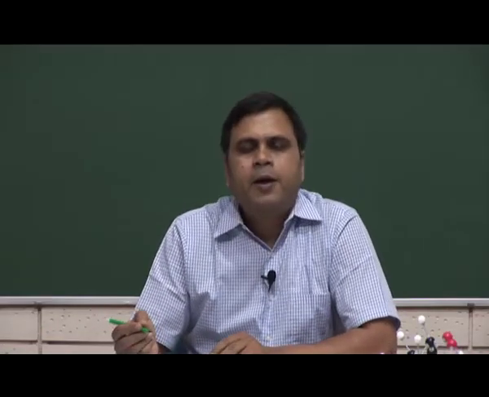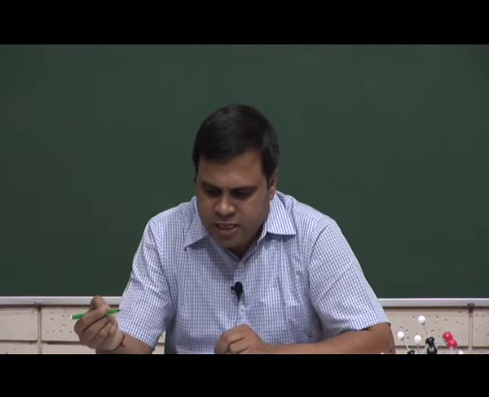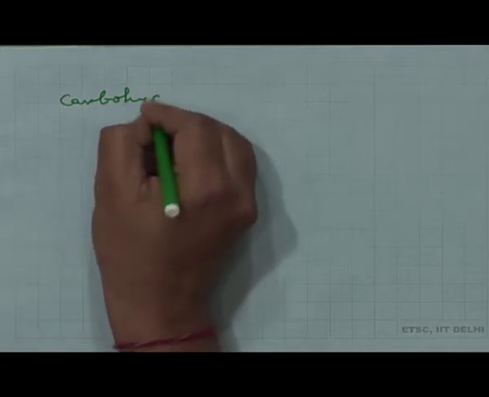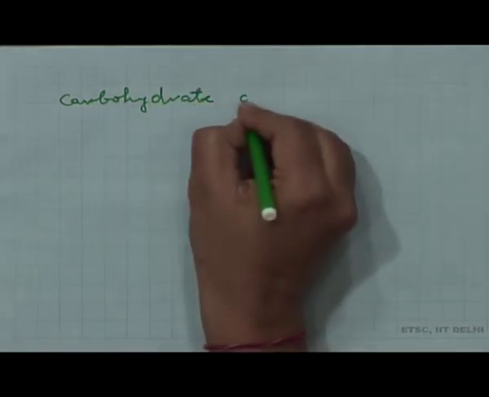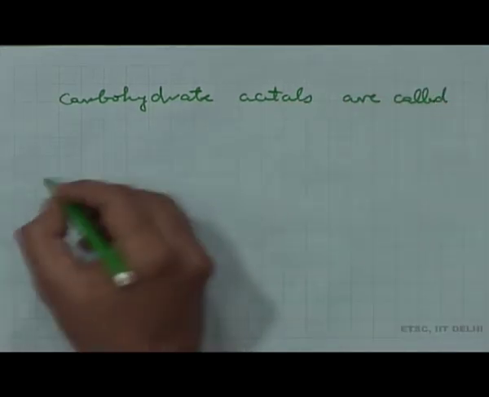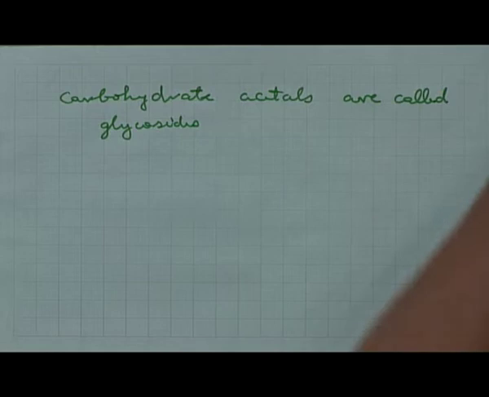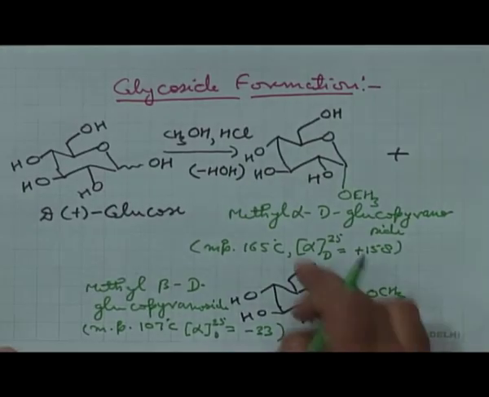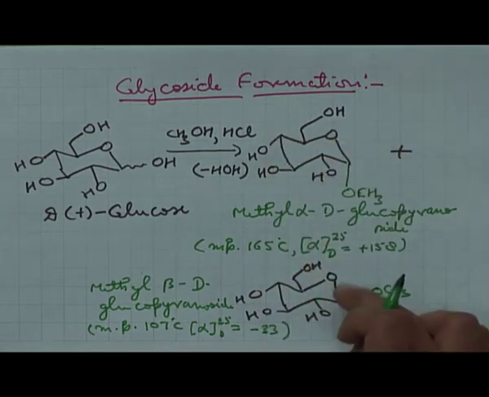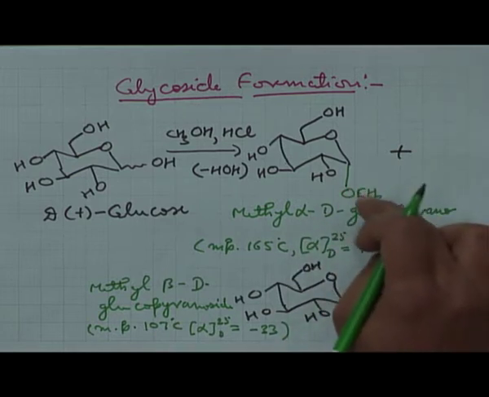Carbohydrate acetals are generally called glycosides. That is why here I have named it methyl alpha D glucopyranoside. Pyran is the six-membered ring in both cases, and alpha reflects the position of the methoxy group.